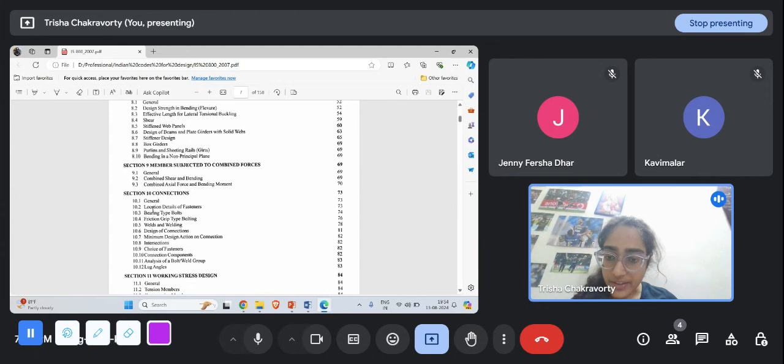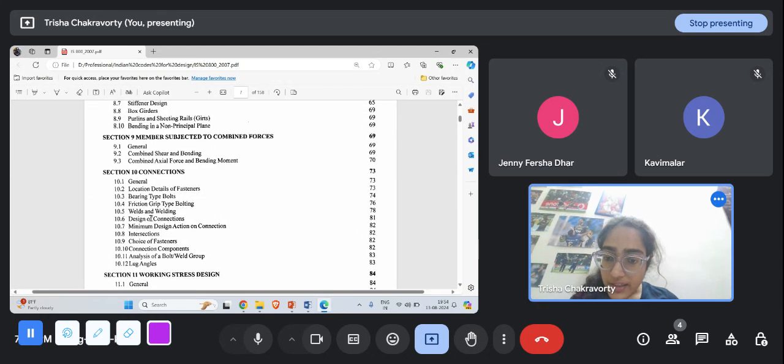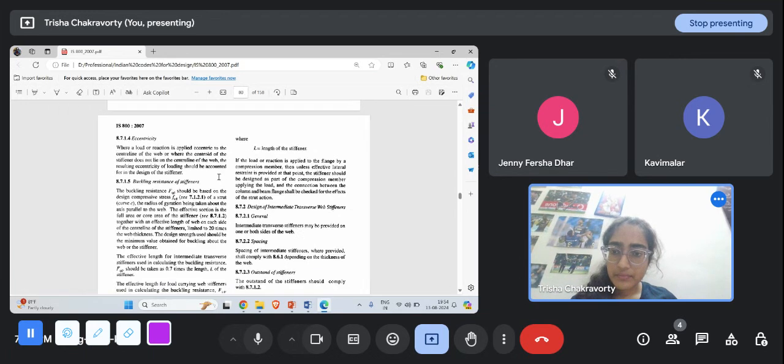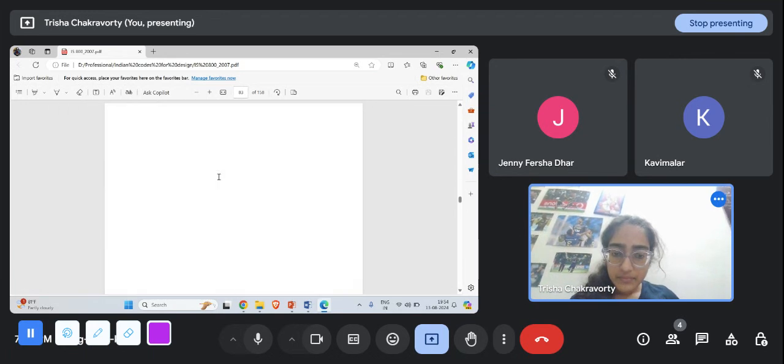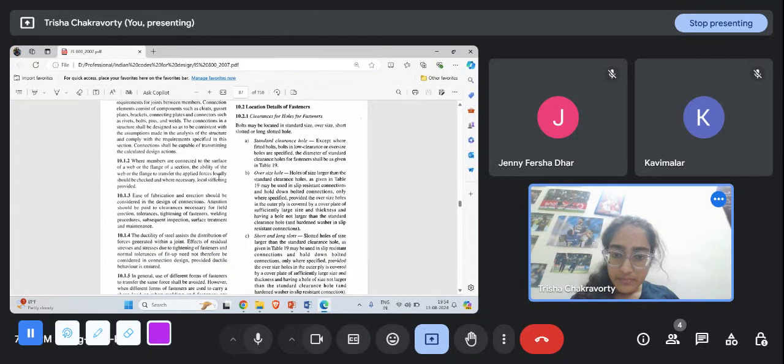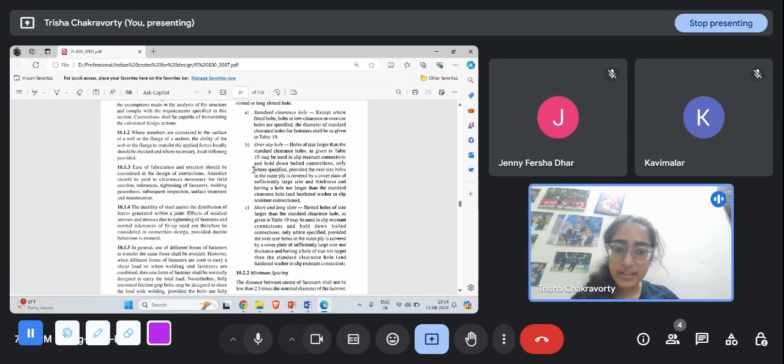This section 10 is connections. We are looking at bolts, so it will be on page 73. So this is the connections part.